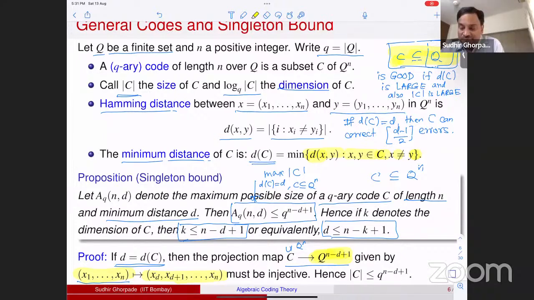Injective means one-one. What I mean by that, I'll explain. Injective means if x is not equal to y, then f(x) is not equal to f(y). That means distinct points go to distinct points. Such a map is called a one-one map or an injective map.